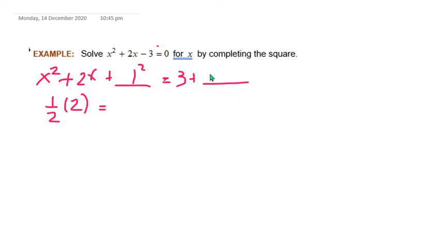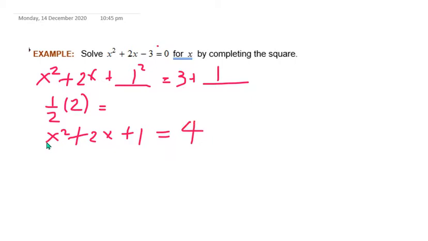So we also add here 1 squared, which is equal to 1. And then simplify. Since this is now a perfect square, we have now x squared plus 2x plus 1 is equal to 3 plus 1, which is equal to 4.